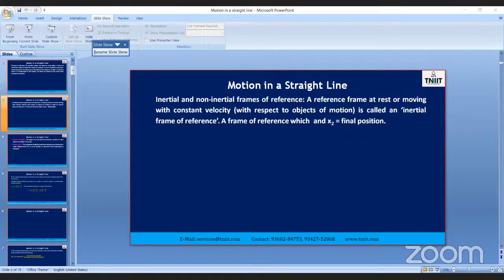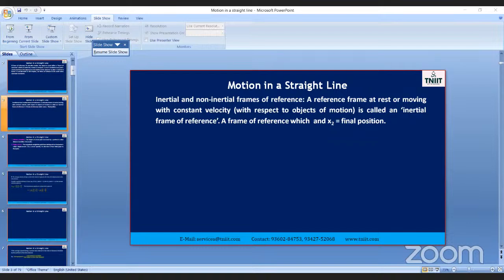The SI unit of the speed is meter per second. And also please remember it is a scalar quantity.